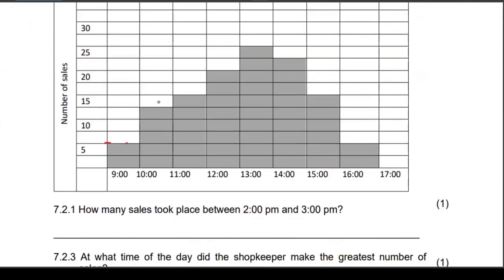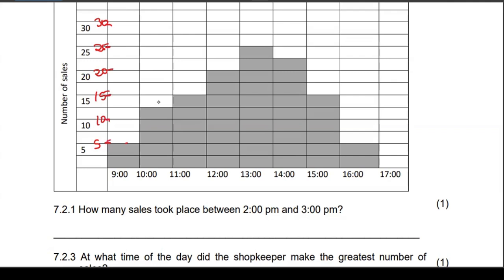We're going to assume this is a 5, probably this is a 10, because what I see doesn't make sense. Let's call this 15, 20, 25, and then 30, just on the line. It cannot be in between the lines, that would be incorrect.